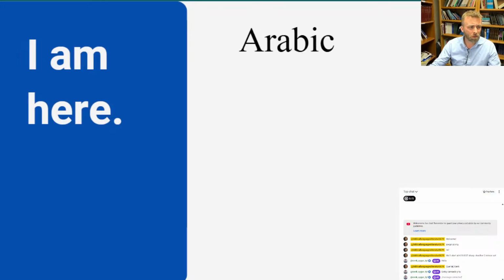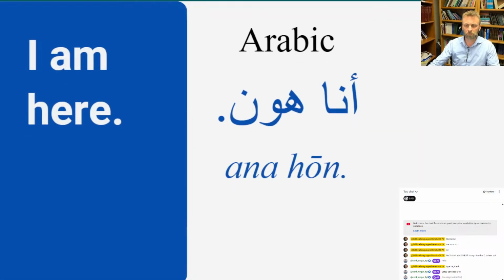So how would we say I am here in Arabic? Try to think about it for a second. Ana hon. I am here. Literally all we're saying is I here. The am is implied.